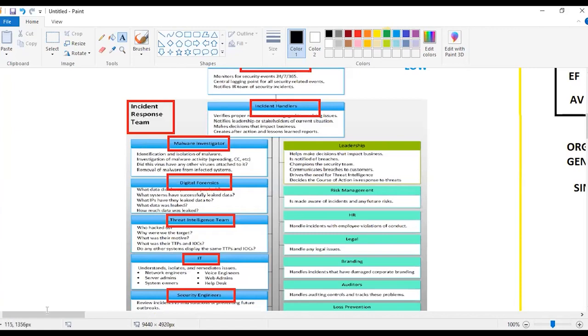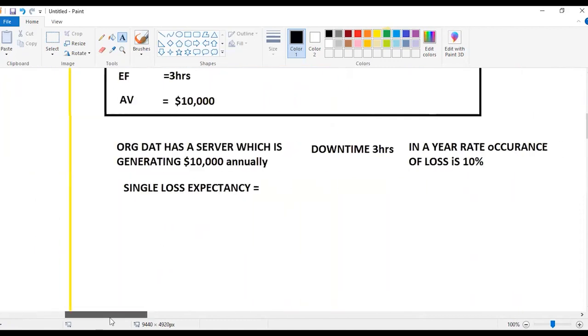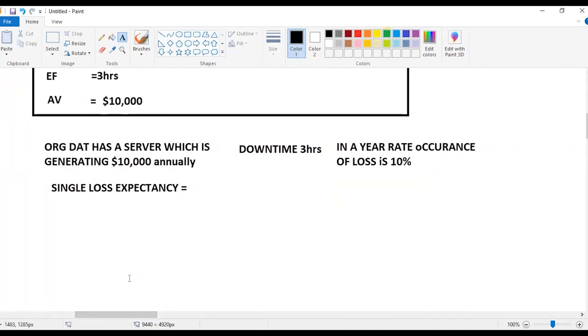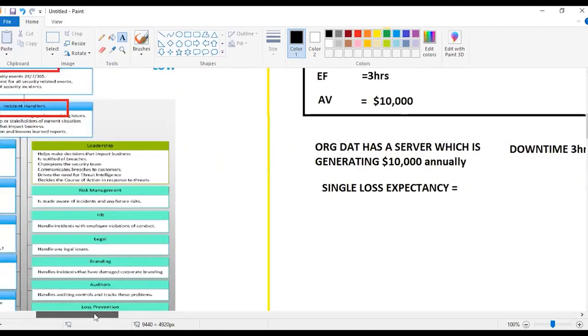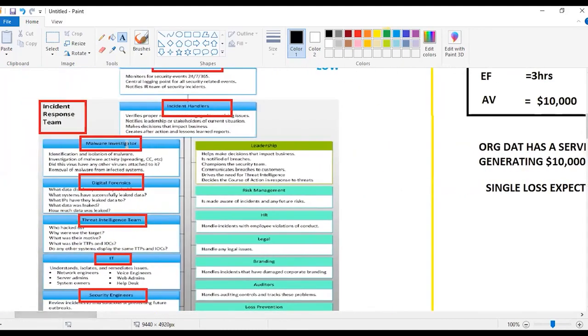In yesterday's lecture, someone told me about the power grid. Attackers found a vulnerability in the SCADA system. SCADA is a server, and they found a server-side vulnerability there, and with the help of that, they exploited the whole organization. That's why it is important to have such teams: the incident response team, the threat intelligence team, and digital forensics.